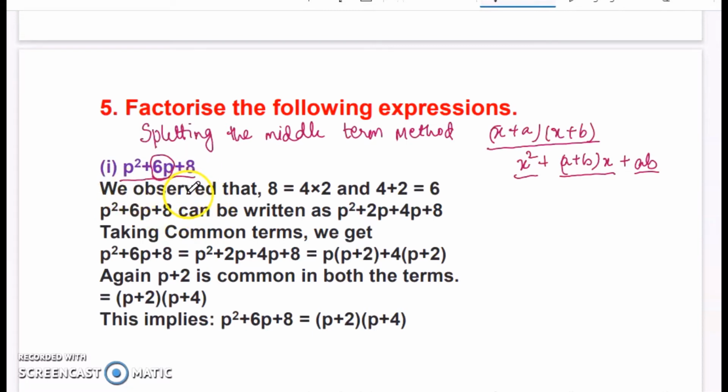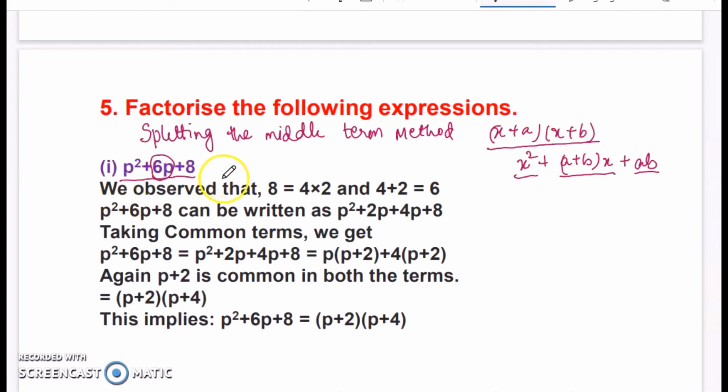First thing is how you will identify what is the middle term. If any algebraic expression is a quadratic expression, that is it has got highest degree 2, like here p square plus 6p plus 8, this is a quadratic. So the general form is the first term will always be the highest degree term, that is x square or p square. The next term will be a linear term which is having one variable, and the third one will be constant.